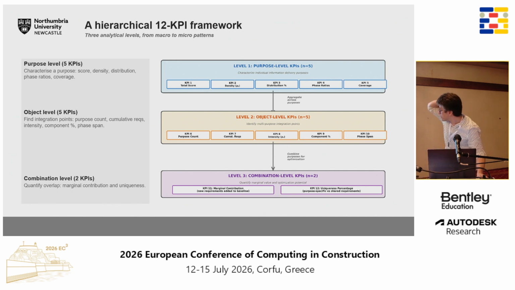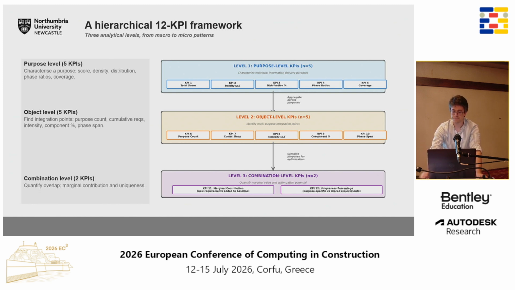I'm not going to go into detail about the purpose and object levels because I don't have the time, but in terms of combination, that is where we look into the uniqueness of information that is provided by adding new specifications and requirements.